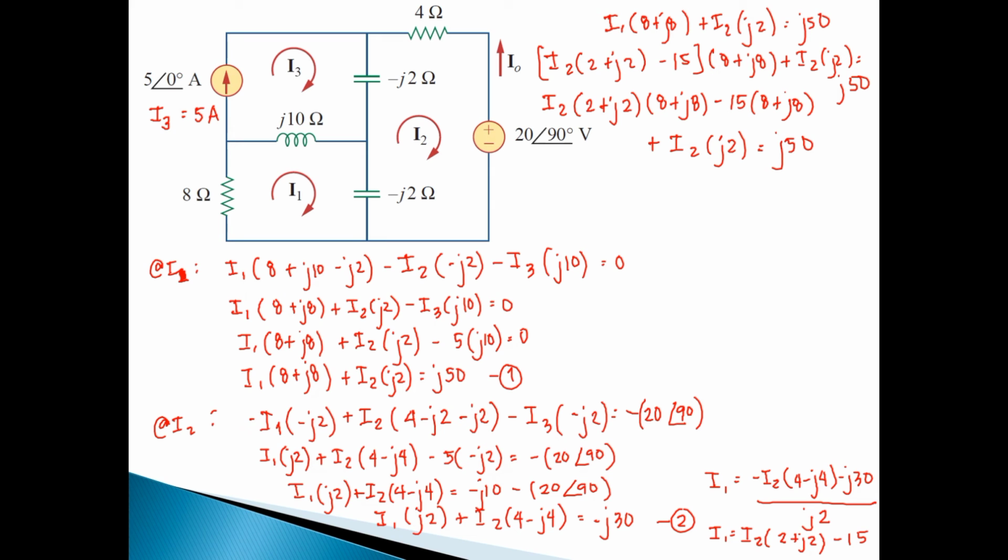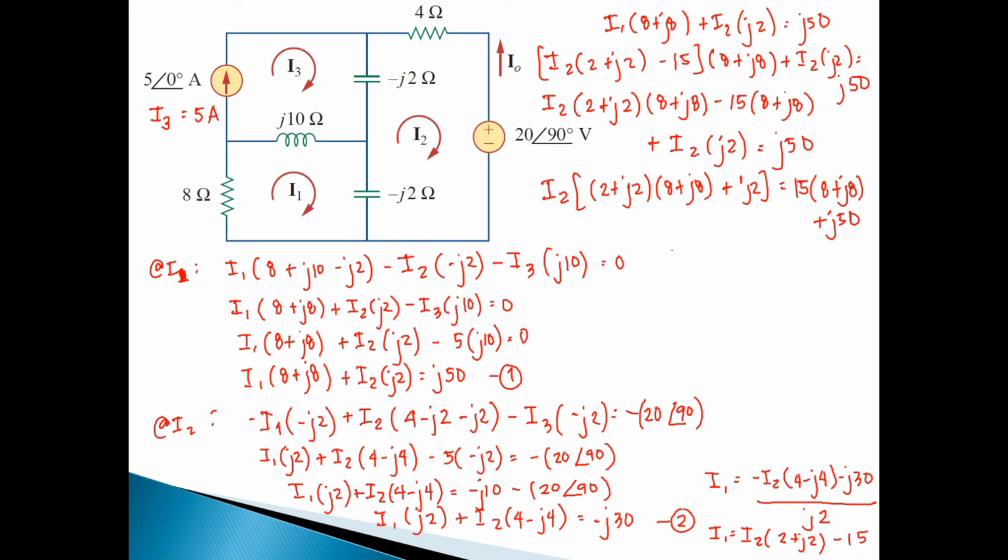Factoring out the I2, we'll have 2 plus j2 times 8 plus j8 plus j2, and on the other side, we'll have 15 times 8 plus j8 plus j50.